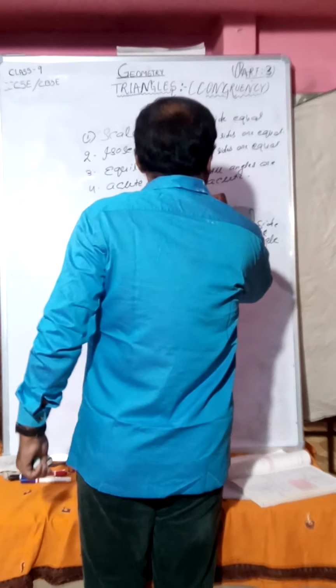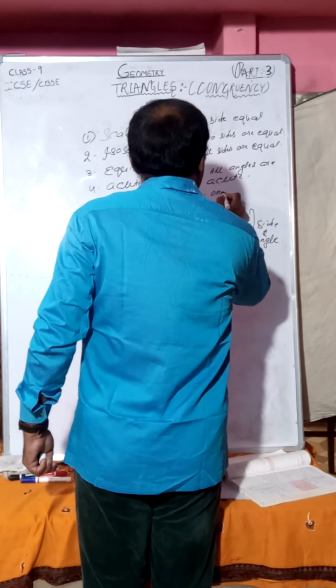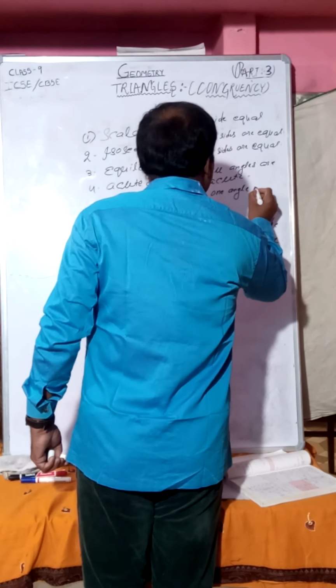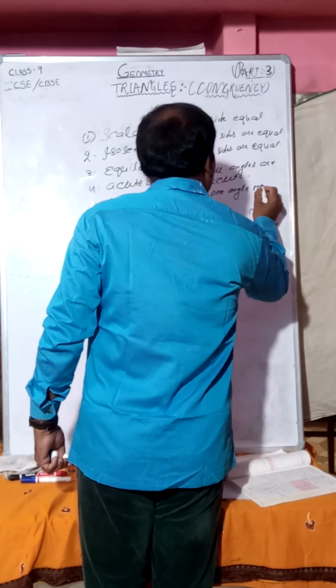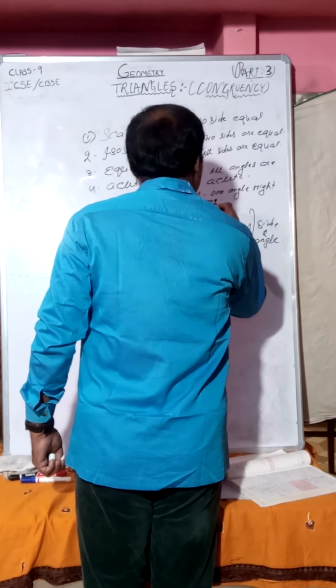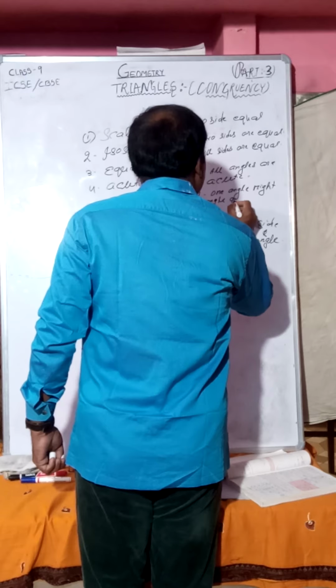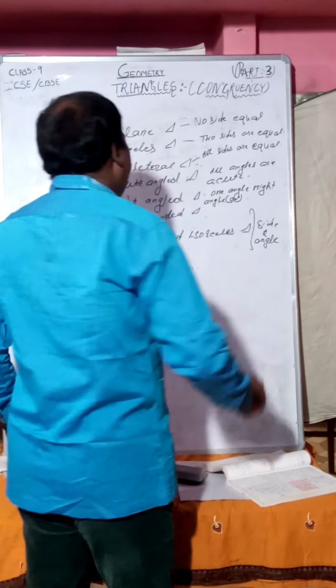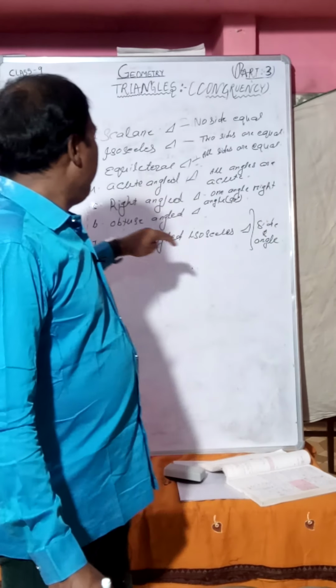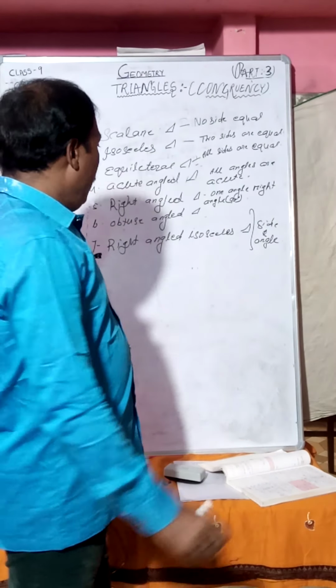And a right angle triangle has one angle right angle, or 90 degree.